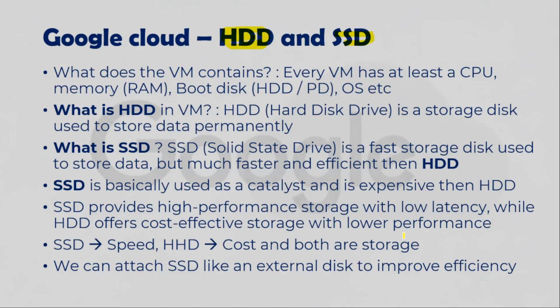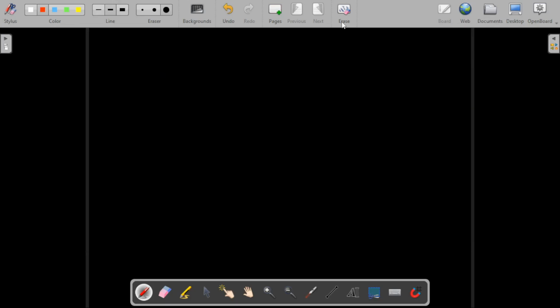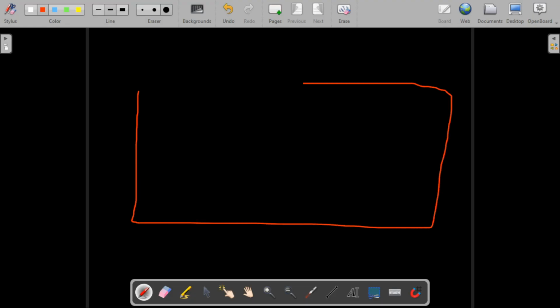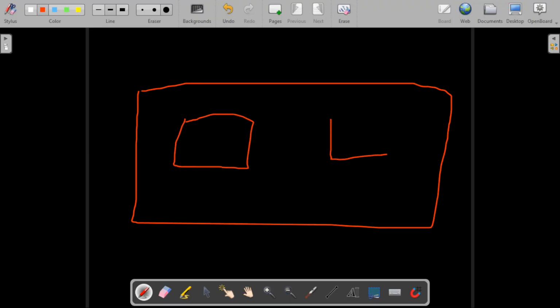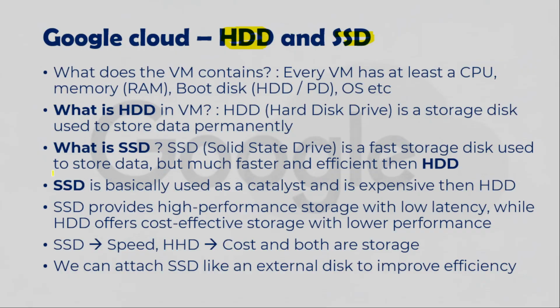Perfect. So next is what is HDD and what is SSD. Let me erase this and draw a diagram for you so that you can understand this better. Let me have only two workers or two VMs. So HDD means hard disk drive.